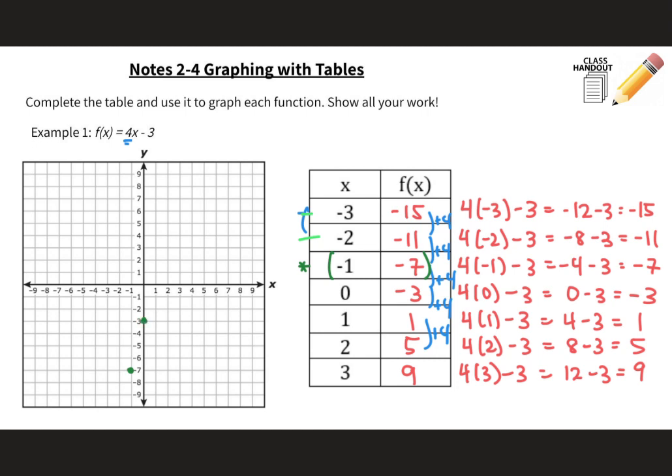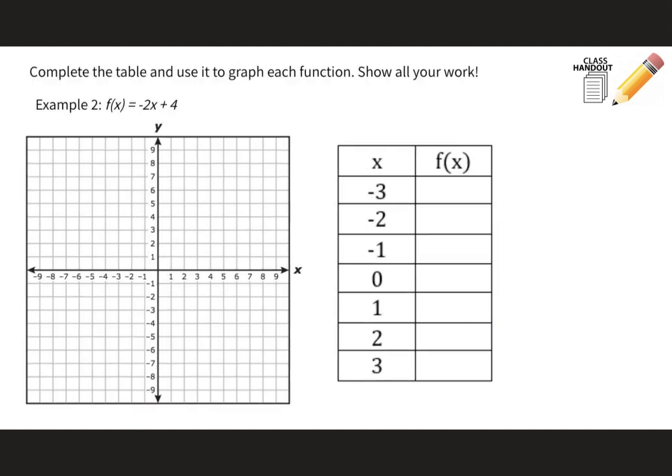And then I have 1, 1. So that's going to be right here. Then I have 2, 5 right here. And then 3, 9 right here. So my line is going to look something like that. So I am going to draw arrows on both ends since we know that this is going to continue on forever.